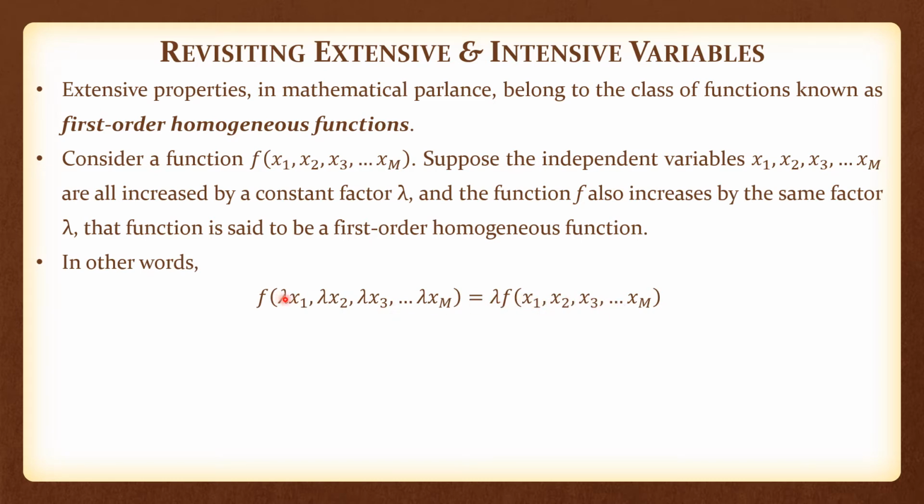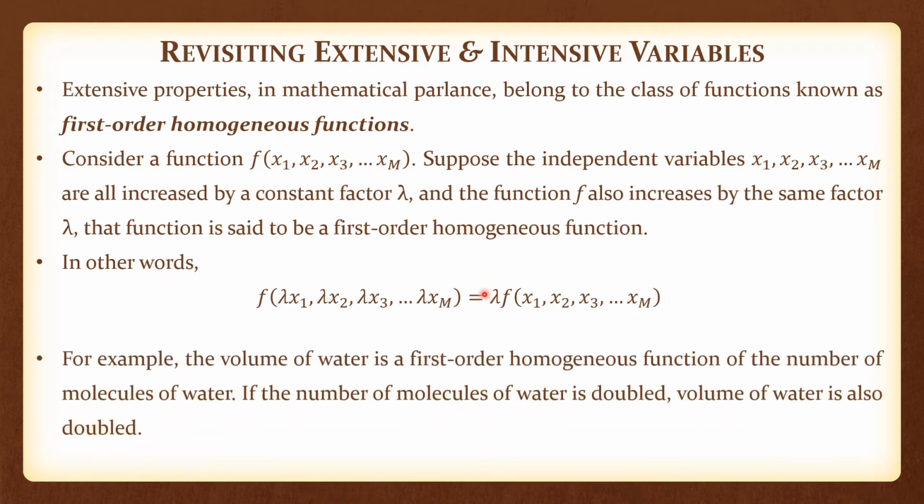So if lambda is equal to 2, then the function will double. If lambda is equal to 10, the function will increase tenfold. This is the idea of extensive variables.